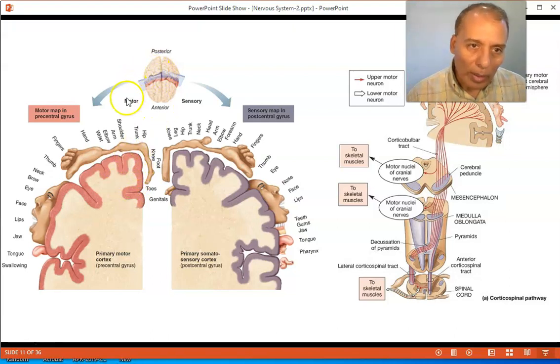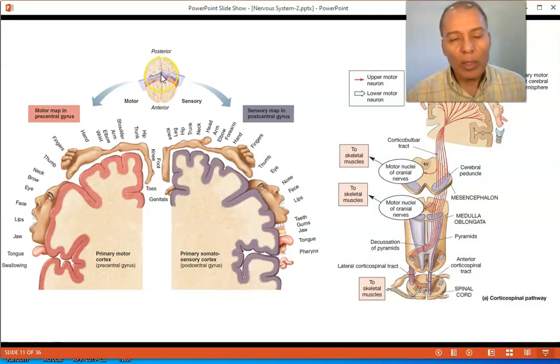We're looking at this area here, from the longitudinal fissure all the way down on the other side, looking at this sensory cortex, that blue area. So this area here is for sensory, and this is the area for motor functions. You see a little person drawn on each one. This is called the homunculus. Homunculus means little man.